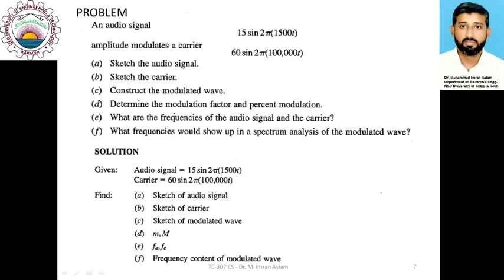The fourth part is to calculate the modulation factor and the percentage modulation, modulation index and percentage modulation. We know that modulation index is actually defined as the ratio of the amplitudes of the message signal and the carrier wave.